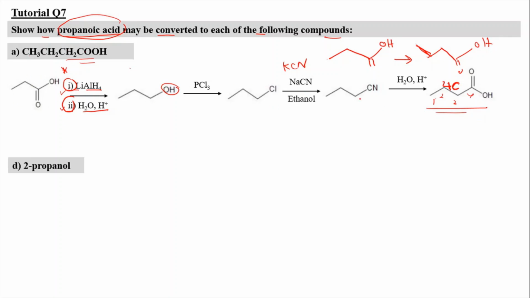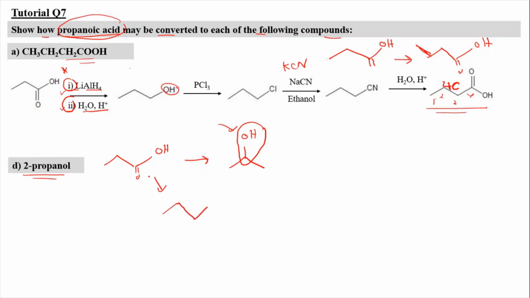Okay, now we're going to look into question 7D, which is we need to prepare 2-propanol. So first we have a propanoic acid, which is the same as before, but now I want to produce 2-propanol. So my OH is in the middle. Okay, so what I'm going to do here, I can undergo reduction first.